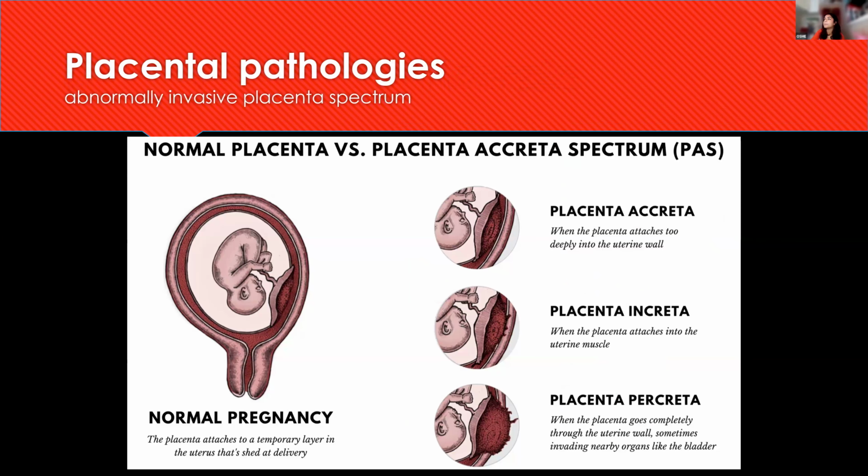And if it's too deep, you can have pathologies like the abnormally invasive placenta spectrum, such as placenta accreta, or in extreme conditions, placenta percreta. This is very dangerous because it can cause postpartum hemorrhage and maternal mortality.